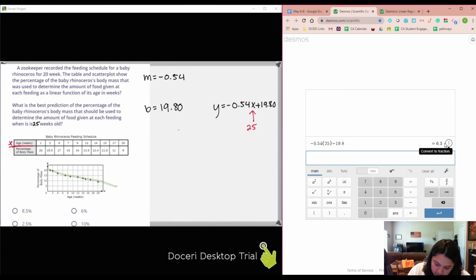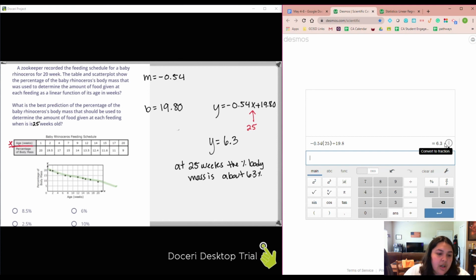So 6.3, or let me write that down. Y equals 6.3. So at 25 weeks, the percentage of body mass is going to be about 6.3%.